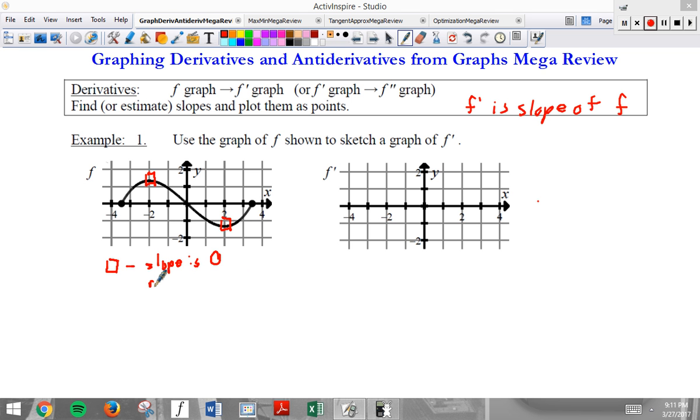Because rel max or min on F. On F. So they become x-intercepts over here. So specifically, baboom, baboom.